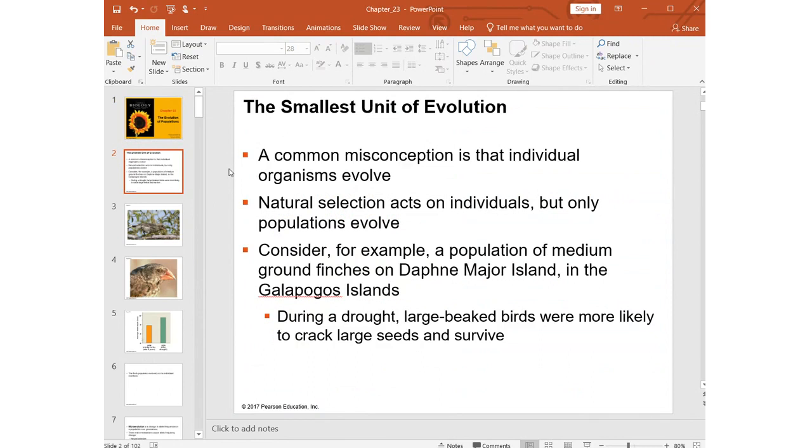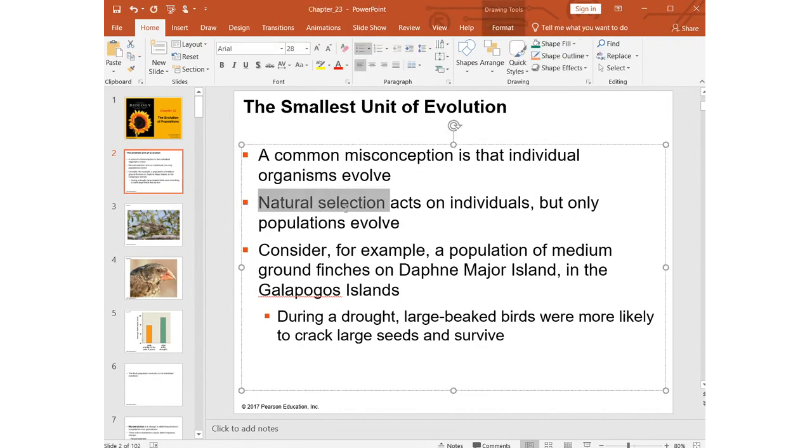They start off this chapter by emphasizing something that was one of the most important things that we covered in the last chapter, which was evolution and natural selection. Natural selection acts on individuals, but only populations actually evolve. Only the populations are what evolve, not the individuals.